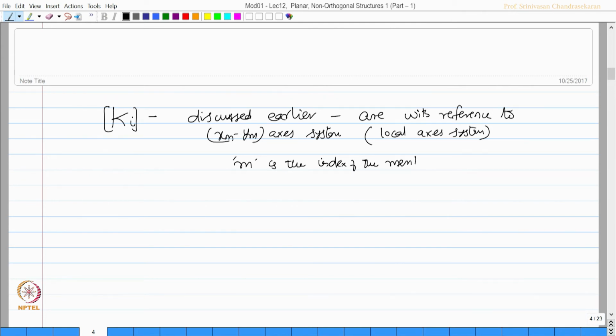Now, each member, if you look at the standard notation we had, if this is the member, if these are the end supports of the fixed beam, if this becomes my XM and this is accepted to be my YM, and if this is my ith member, the member has got two ends. This end is called the jth end and this node is called the kth node.